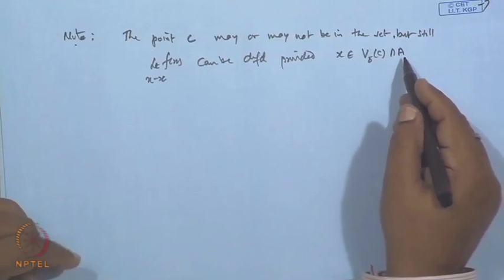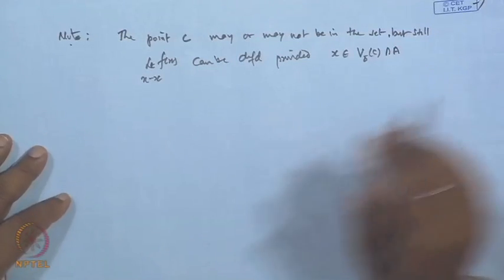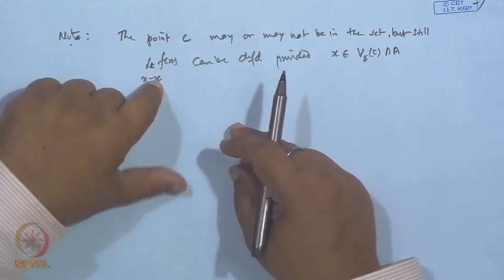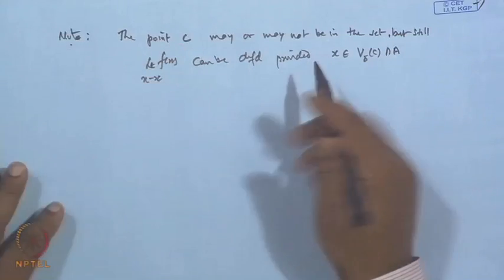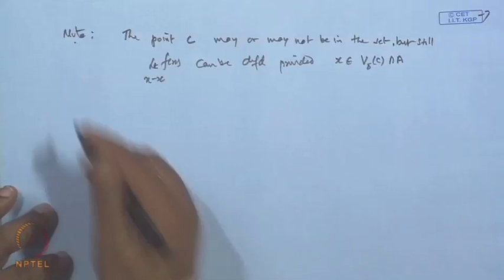Before going for this limit, let us see the concept of the cluster point, because we will always consider c as a cluster point of this set. So, let us see the definition.